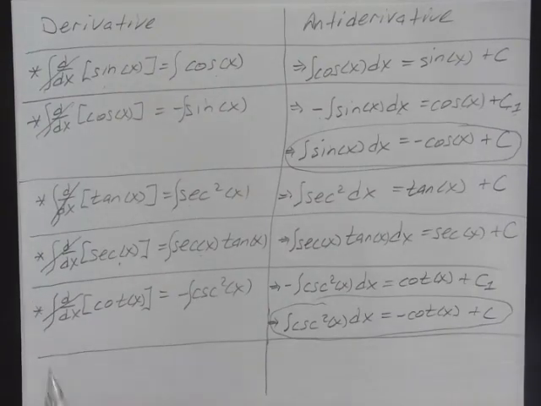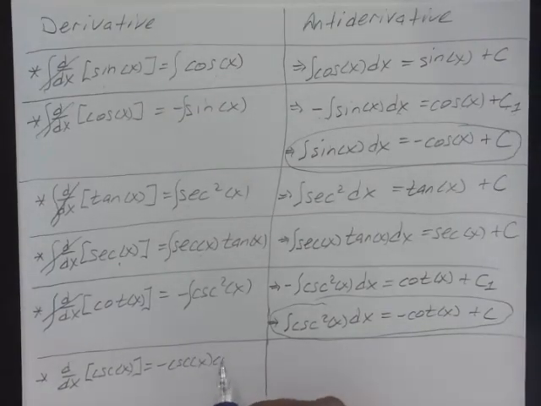Okay. And we know that the derivative with respect to x of cosecant is equal to negative cosecant times cotangent.